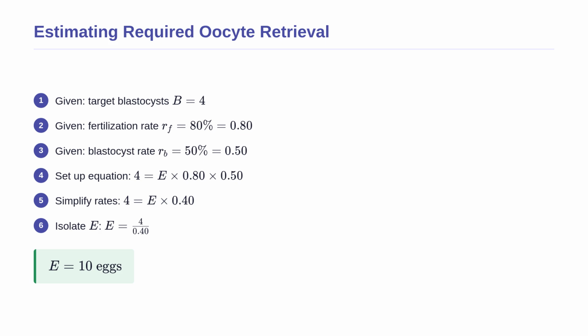We plug these into our equation. 4 equals E times 0.80 times 0.50. Multiplying the two biological rates together gives us a combined overall efficiency of 0.40. Finally, we divide our target of 4 by 0.40 to isolate E. The result is 10. The doctor must aim to retrieve exactly 10 mature eggs to expect 4 viable embryos.